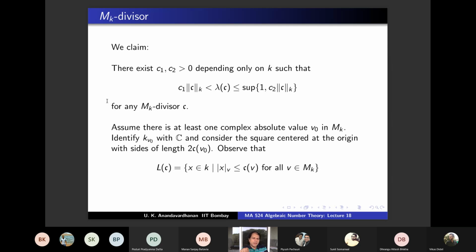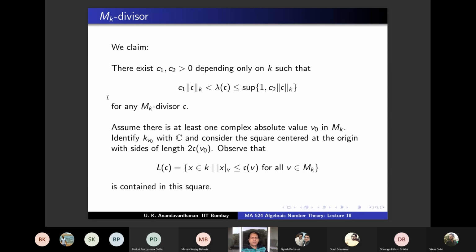And by definition, any element in L_c has all absolute values less than or equal to the corresponding c_v. In particular, |x|_v0, which is the usual complex distance, is less than or equal to c_v0. So the set L_c is contained in this square. You agree with this?